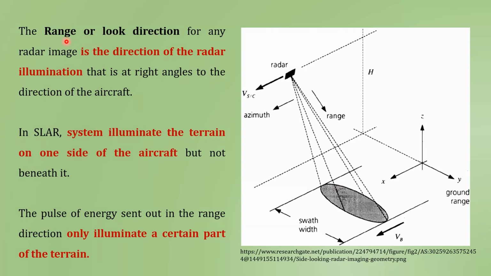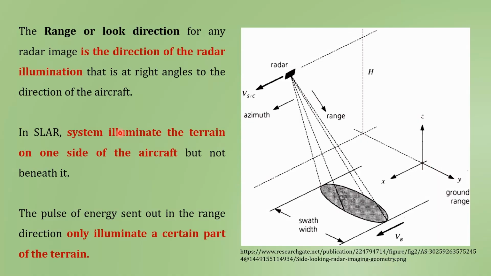This range or look direction for any radar image is the direction of the radar illumination, and it is at right angle to the direction of the aircraft. Suppose this is the azimuth direction, the look direction will always be at the right angle to the direction of the aircraft.